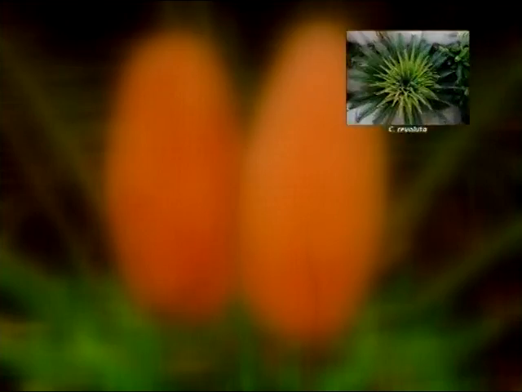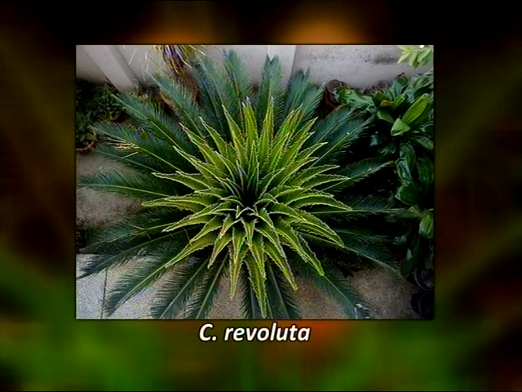The pinnae are linear in outline with a narrowed structure. The margin is curved downwards and inwards. The revolute margins of the leaflets have given the plant its specific name, Cycas revoluta. Each leaflet is traversed by a single midrib.